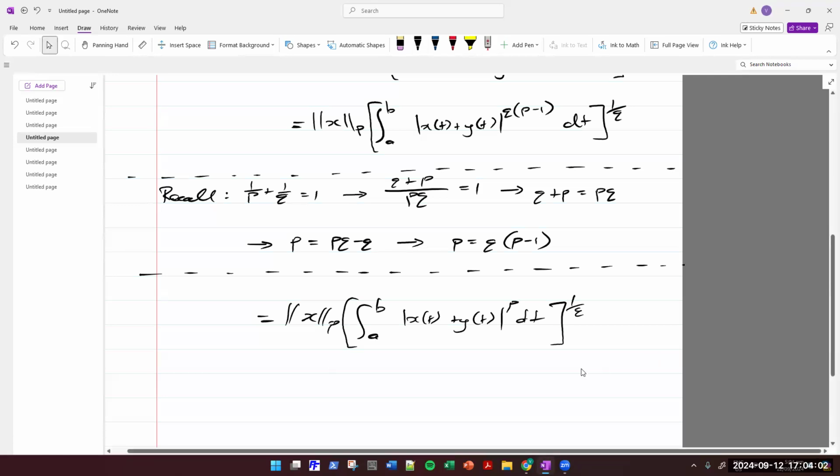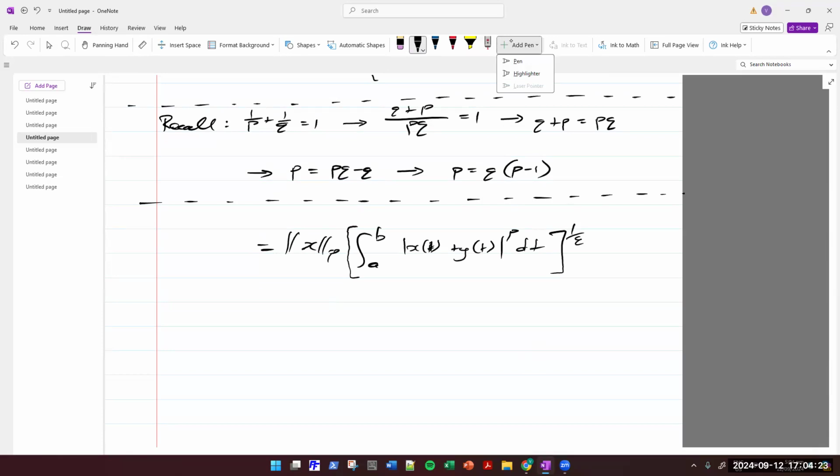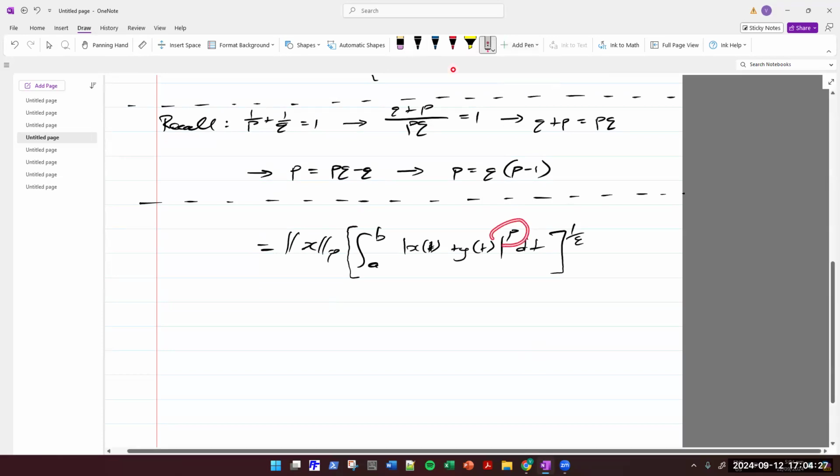So the next trick is, just by looking at it and trying to figure out what you want to get, it will tell you what you need. So the problem is, this exponent here is a p.